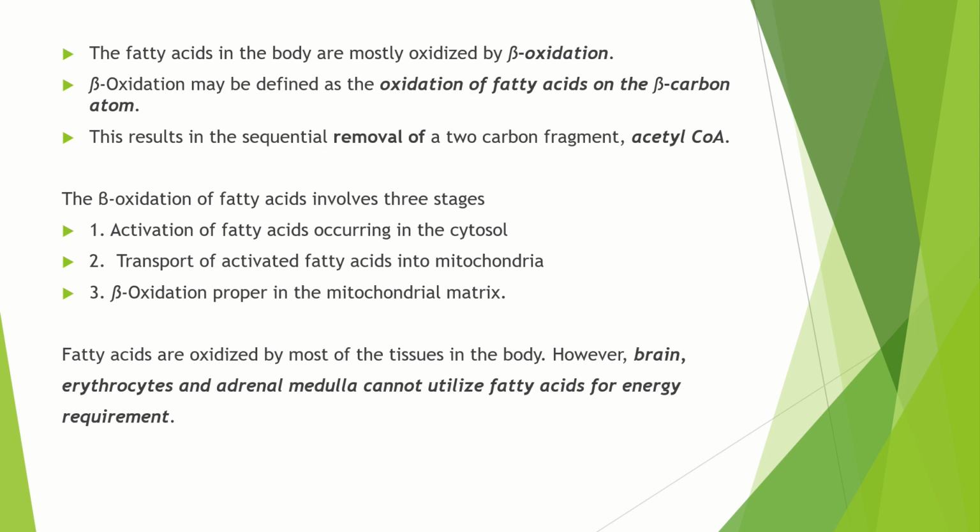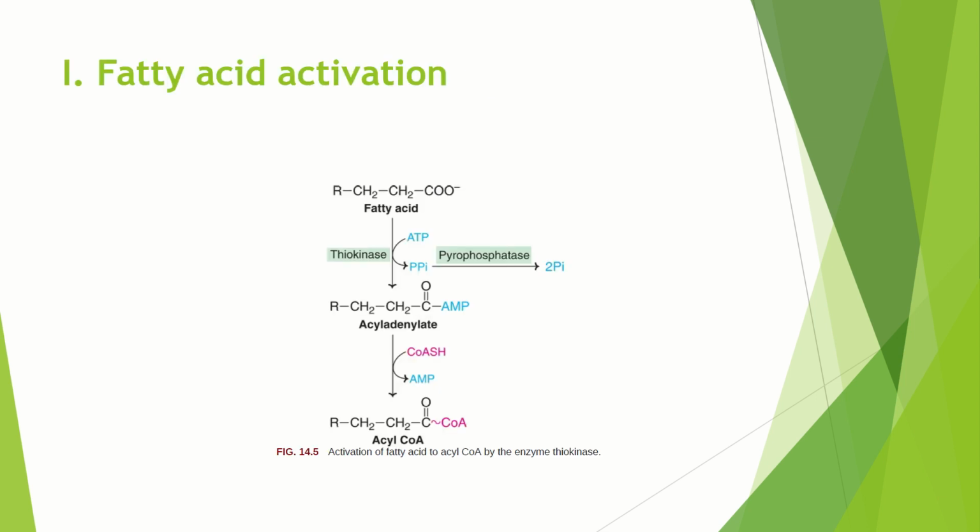One is activation of fatty acids occurring in the cytosol, the second one is transport of activated fatty acids into the mitochondria, and the third step is beta oxidation proper in the mitochondrial matrix. We will see these three steps one by one.